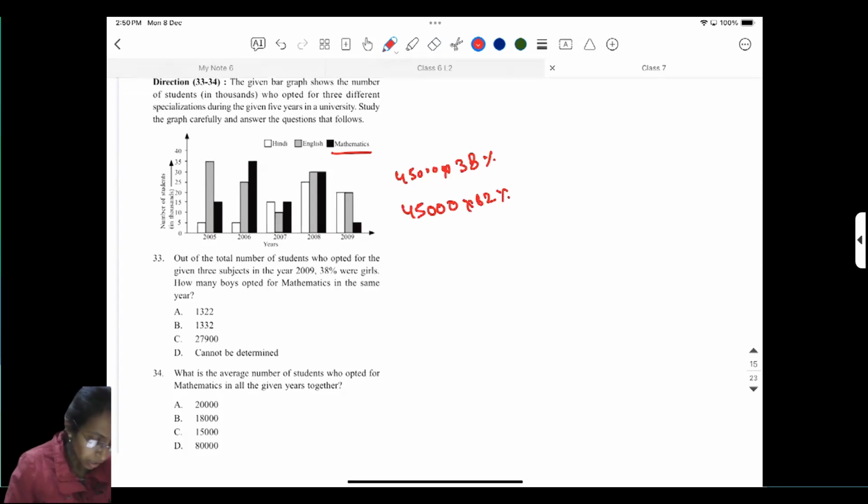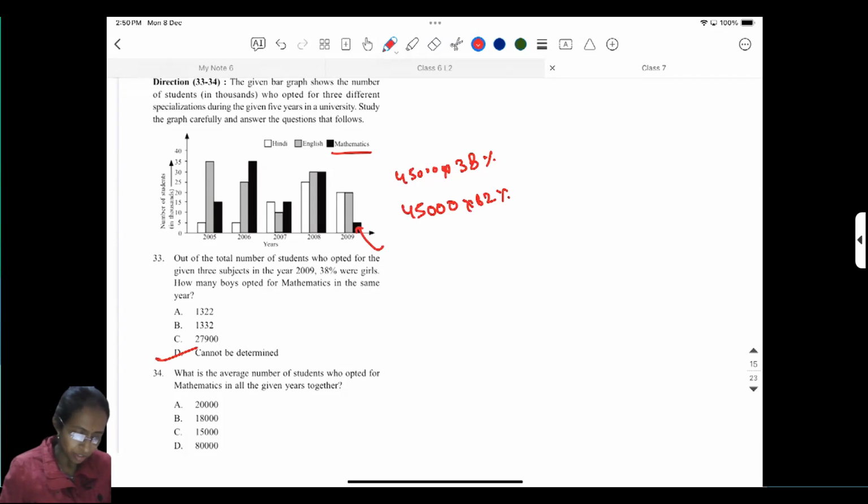But how many boys are there from the mathematics portion? That we don't know. We know only the strength of the total boys. How many of the boys opted for Hindi, English, or mathematics, we don't know, and we cannot even determine until we get the values of the other factors. So for this question, the answer will be cannot be determined.